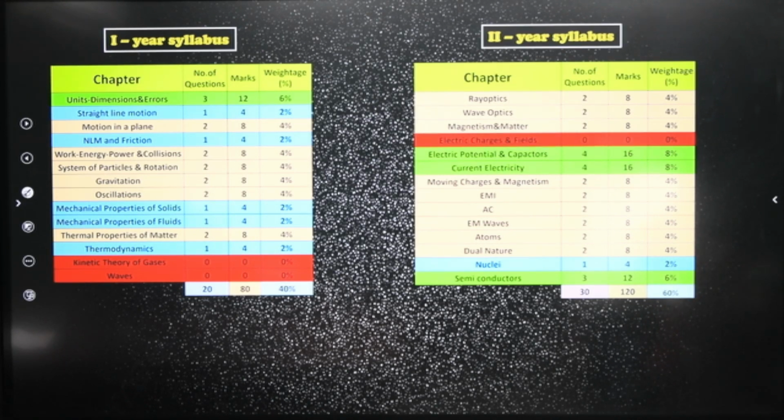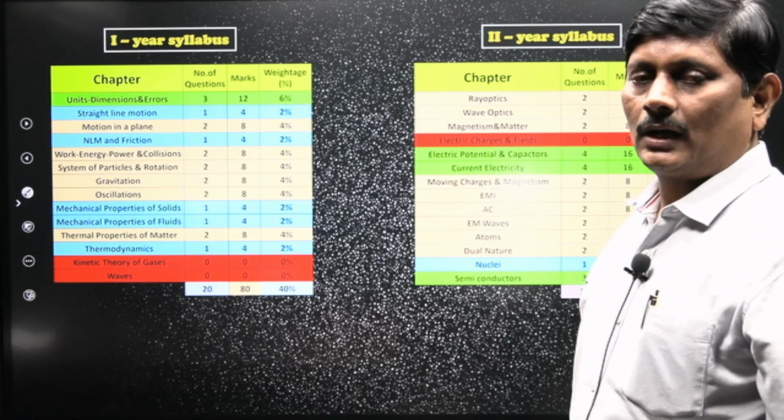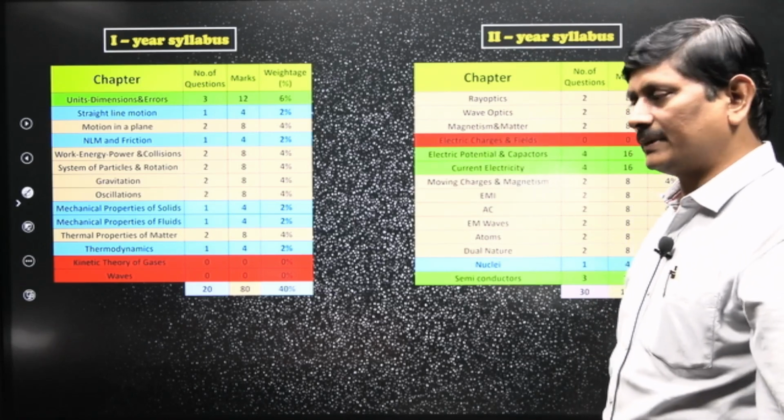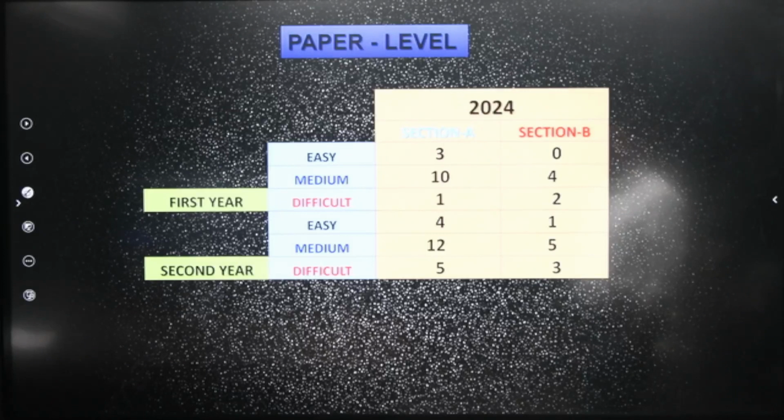This video is quite useful for incoming second year students and also for the repeaters, okay. How many numerical questions are given in the first year and the second year, how many conceptual questions are given in the first year and second year, and last year's comparison also. Paper level, how it is, how many easy questions, how many medium questions, difficult questions, first year, second year, everything you can see here, okay.